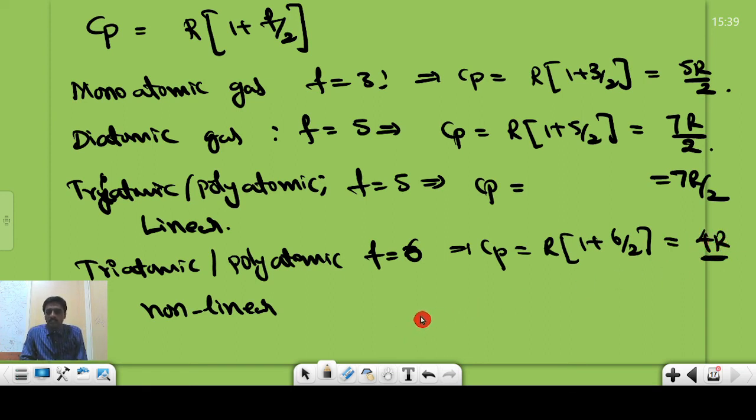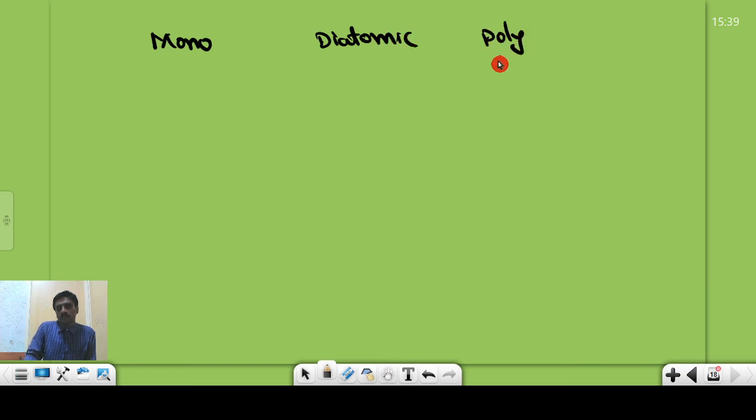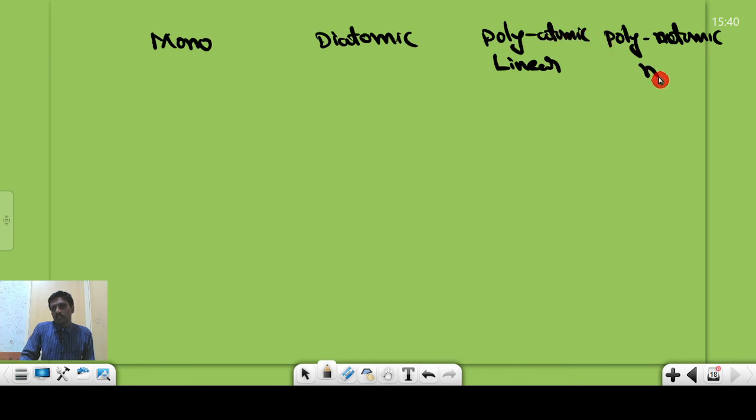So this is the table for Cp and Cv. You can frame Cp and Cv in a single table for remembering. Now let me write the table. Monoatomic gas, diatomic gas, polyatomic linear gas, and polyatomic non-linear gas.